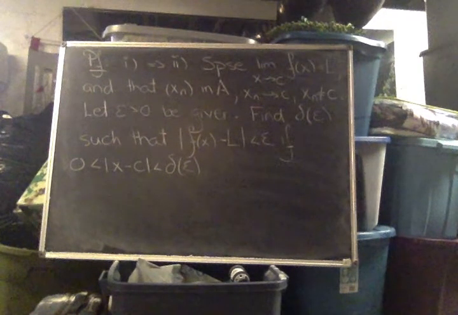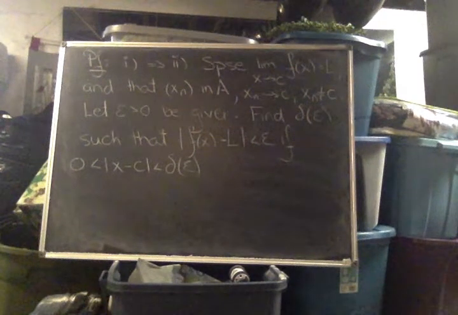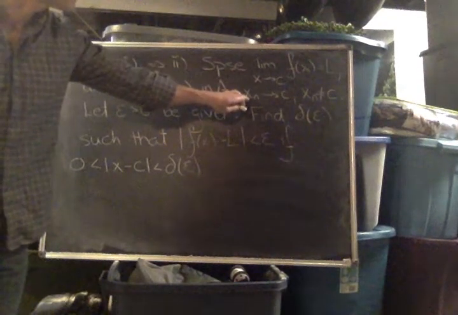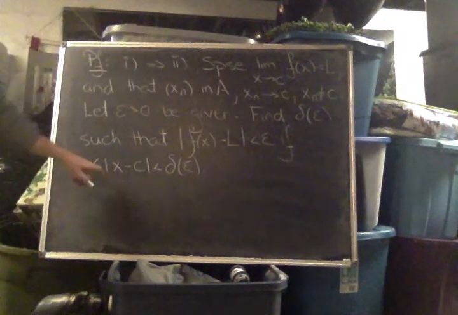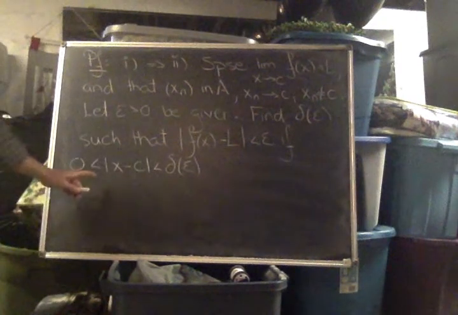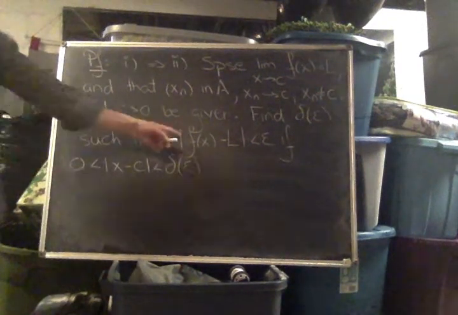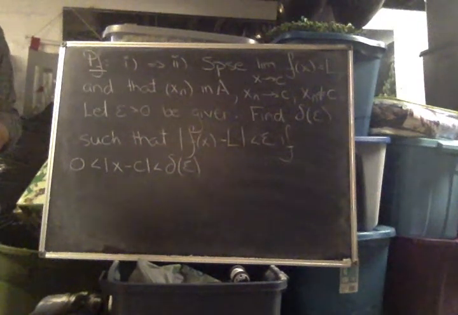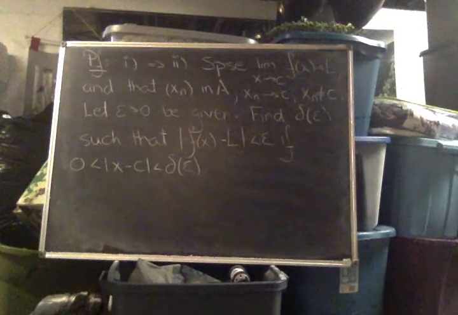Now what we're going to do is find a natural number, capital N of epsilon, big enough that the distance from the xn's to c is less than this delta of epsilon, whence f of those xn's minus L will be less than epsilon. Okay?